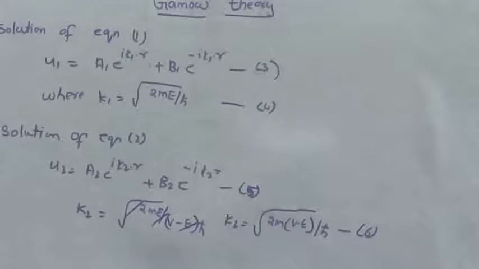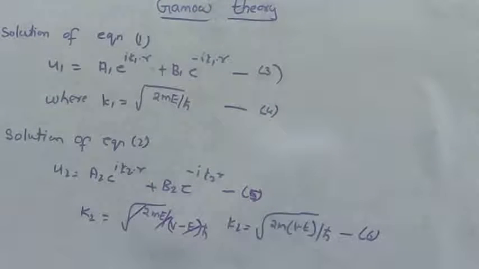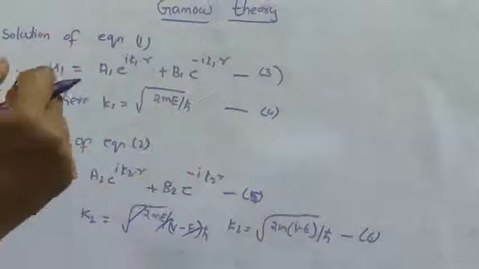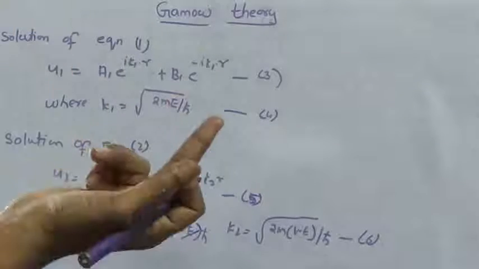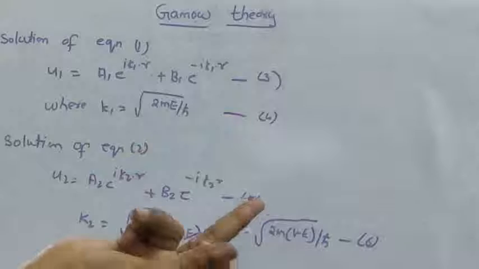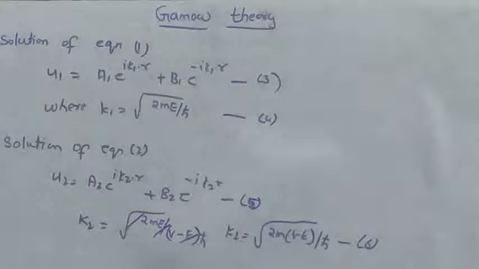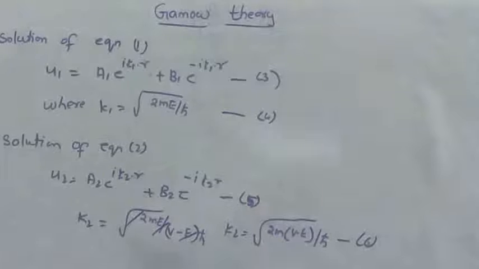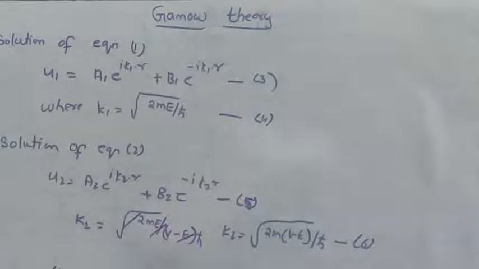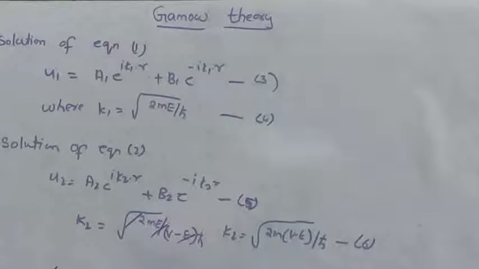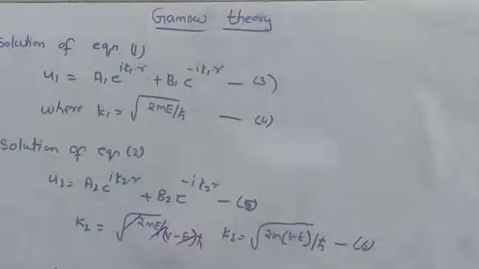As I have said, region 3 has only the transmitted wave, whereas in region 1 both the incident wave and the reflected wave are there. In region 2, both the transmitted wave and the reflected wave are there. In region 3, only the transmitted wave is present, so its equation is given by u3 = A3 e^(ik1r). Consider this as equation number 7.